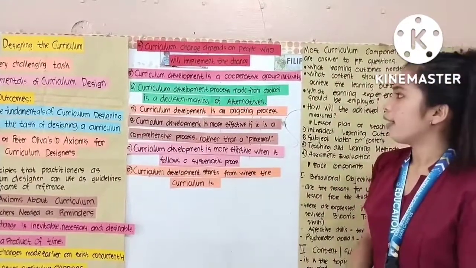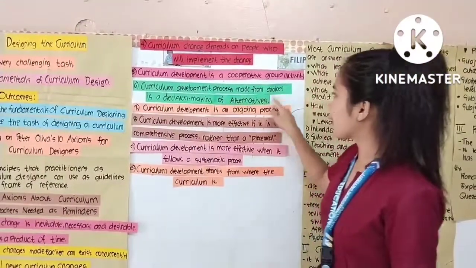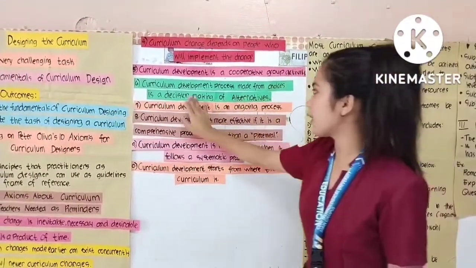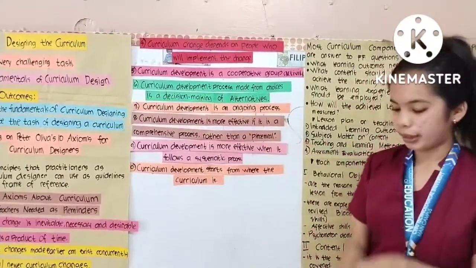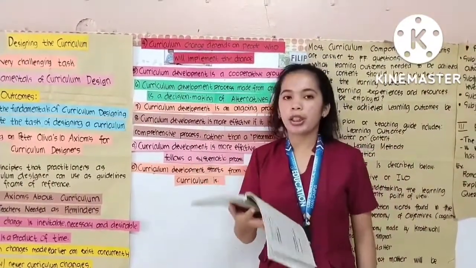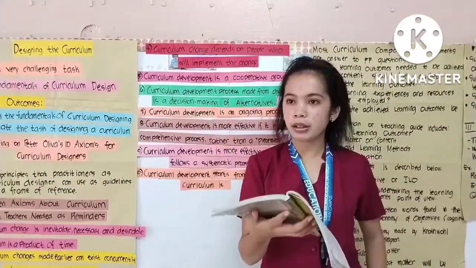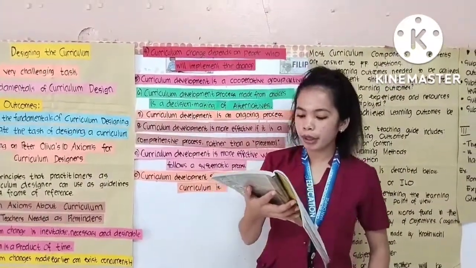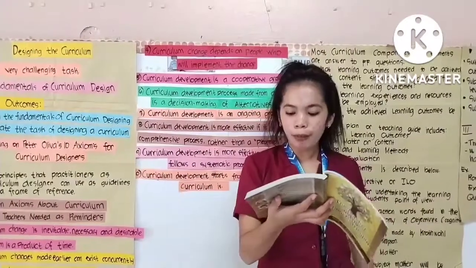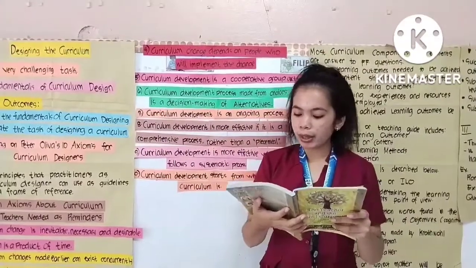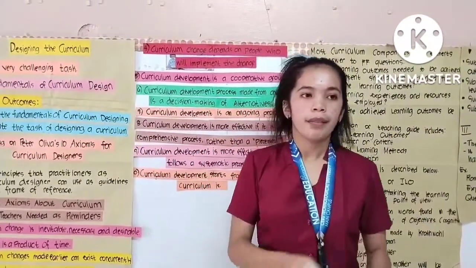The sixth one is that the curriculum development process is made of choices, the decision making of alternatives. A curriculum developer or designer must decide what contents to teach, what philosophy or point of view to support, how to provide for multicultural groups, and what methods, strategies, or type of evaluation to use.